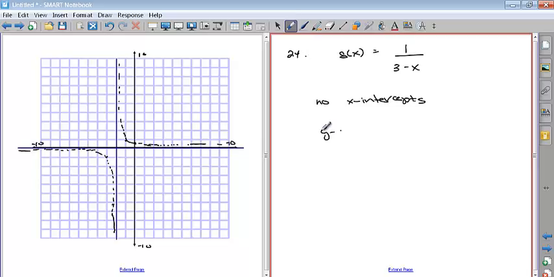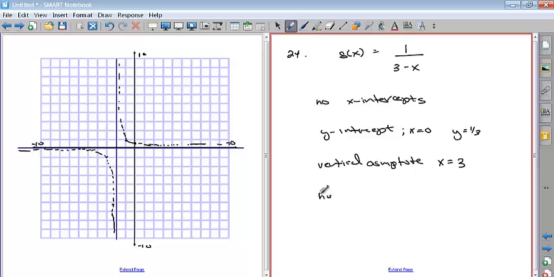The y-intercept is when you set x equal to 0, and you'll get 1/3. So at x equals 0, y equals 1/3. That's the y-intercept. You have a vertical asymptote which has the equation x equals 3, because when x equals 3, you get 3 minus 3, which is 0.